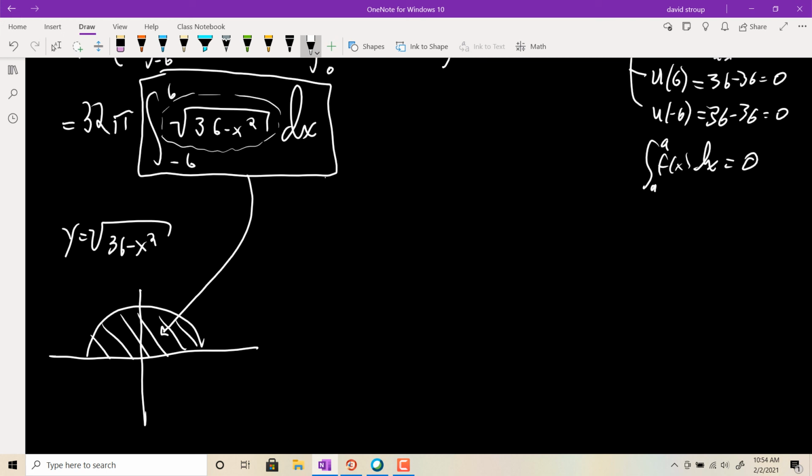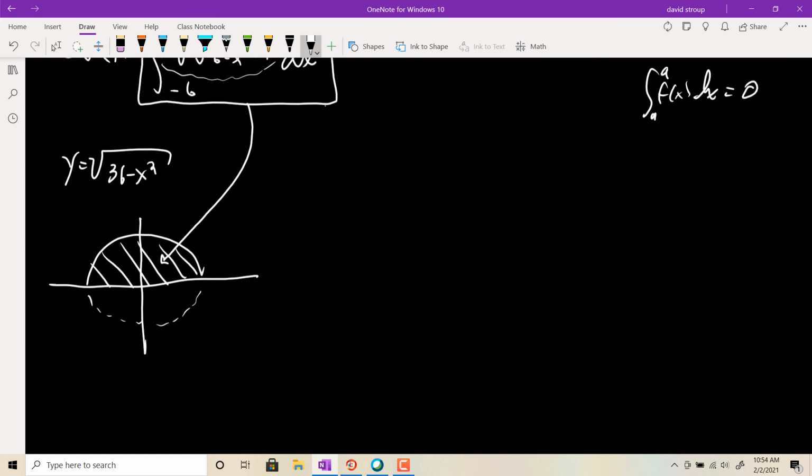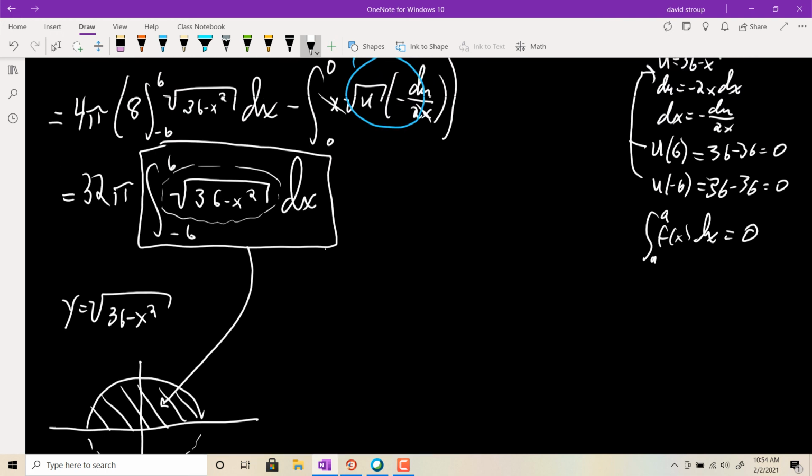Well, the area of the full circle is pi r squared, right? So it's pi times the radius 6 squared, which is 36 pi. Because this is the area of half the circle, you just multiply that value by 1/2, and you get 32 pi times 1/2 times 36 pi.